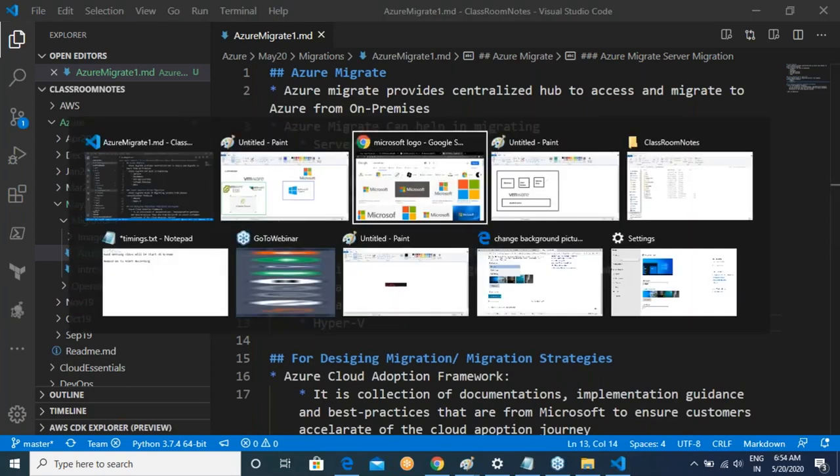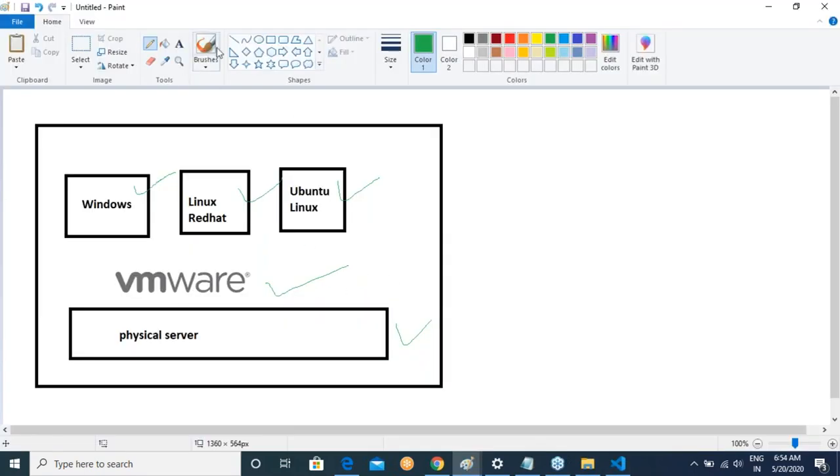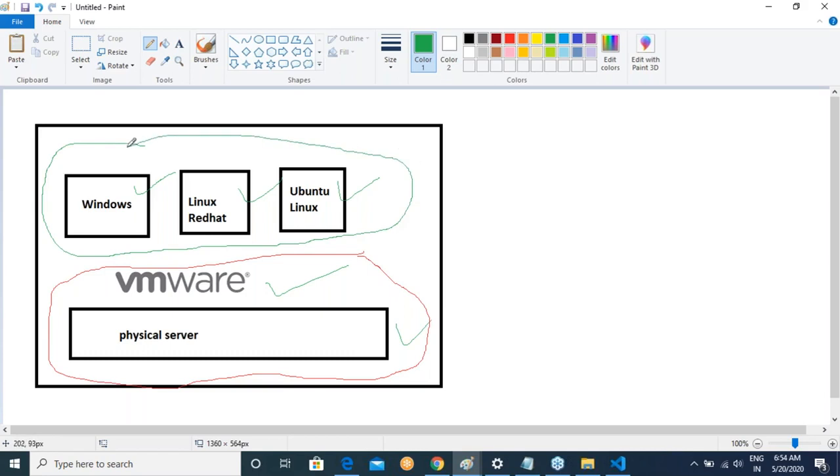Whenever you say that you'll be migrating, you will not be migrating this part. Whatever is in red is not something we will migrate. What you are interested in is the virtual machines which you have created on VMware. So whenever I say Azure Migrate, you will be migrating these VMs to Azure.